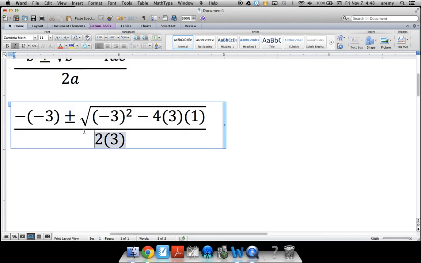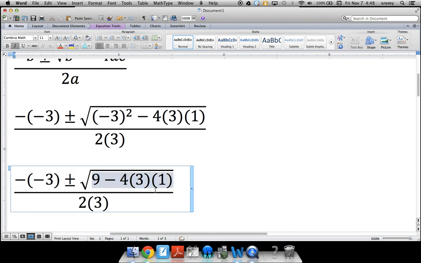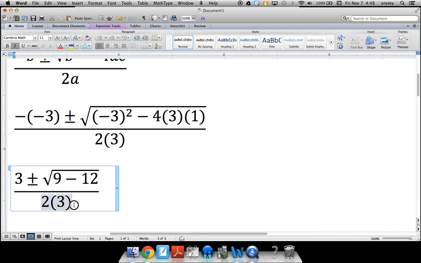Just typing less and less as you go. So if I cut and paste, then I can just change this into what it is, a 9. And I can change this into what it is, a 12. Oh, bad example. And that is really a 3. And that is really a 6.